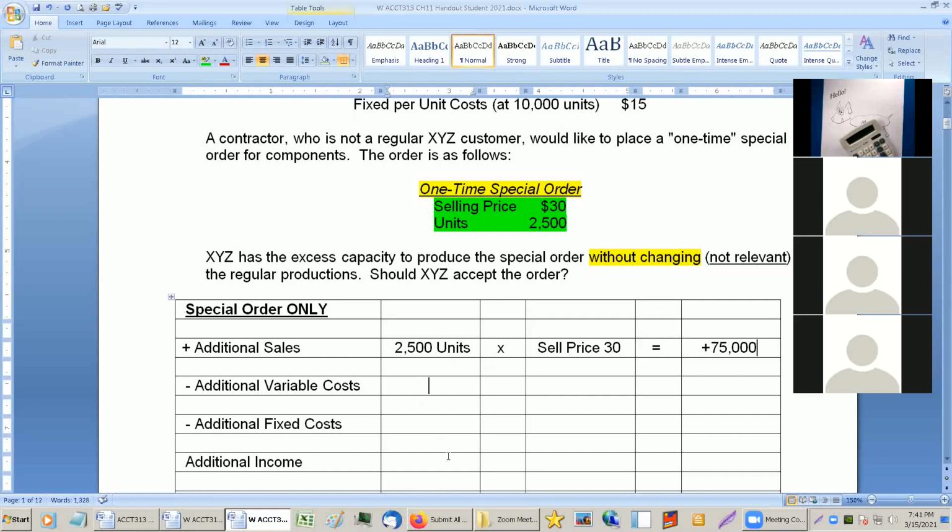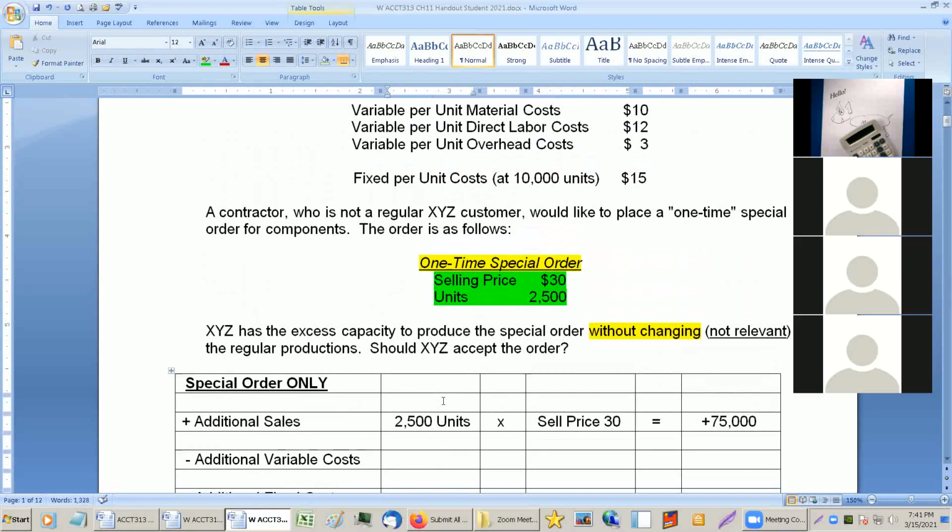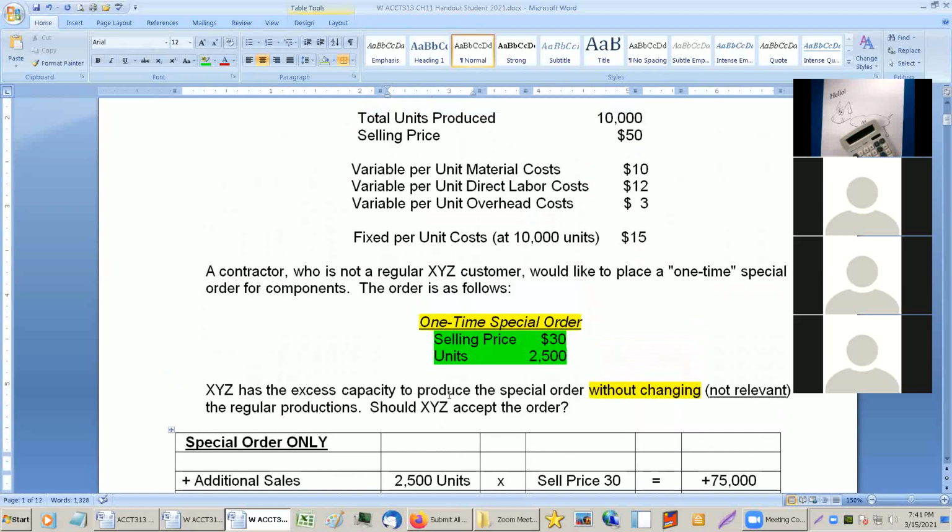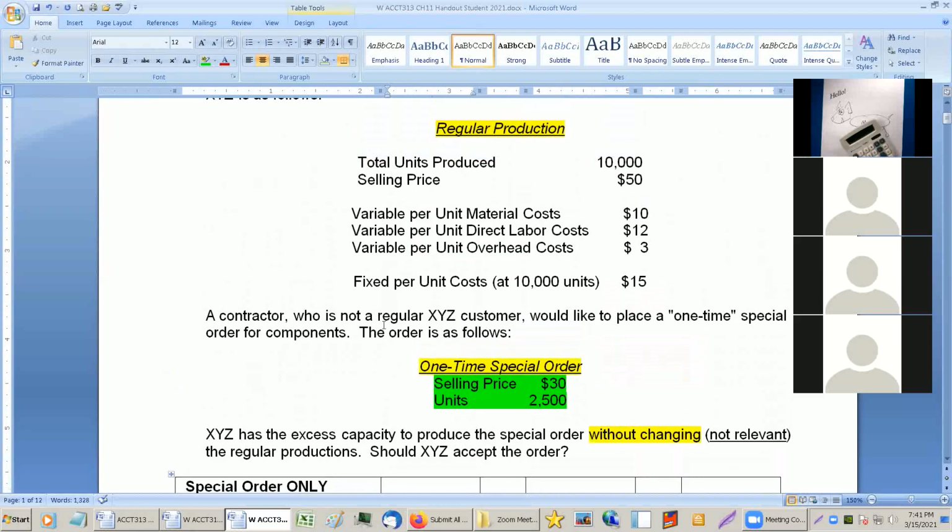But we're probably going to have some more additional variable costs. So let's look up here. Our variable costs are here. We could do each of these individually, but that would be no fun. And accounting is all about fun.